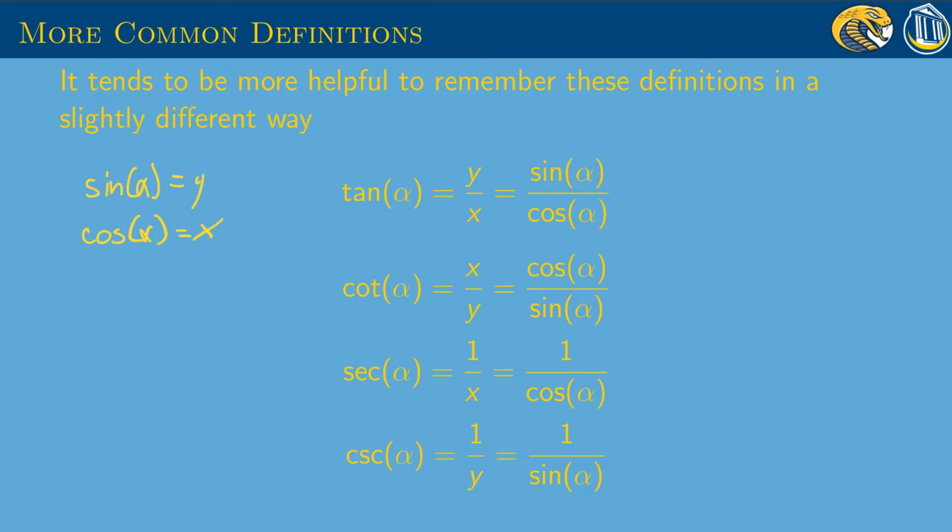Similarly, cotangent, which is x over y, is the same thing as cosine over sine, and we can double check that this is actually equal to 1 over tangent as well. Finally, secant alpha, 1 over x, that's the same thing as 1 over cosine, and cosecant, 1 over y, that's the same thing as 1 over sine.